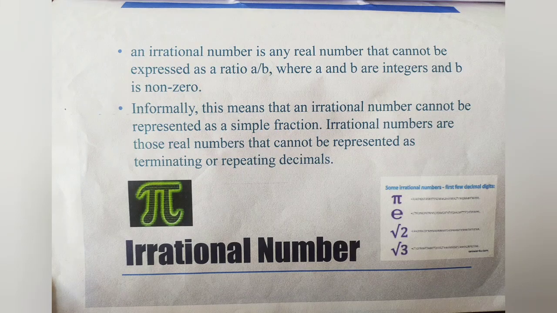After the rational numbers, there are irrational numbers. Irrational numbers are those real numbers that cannot be represented as a terminating or repeating decimal. As you see, pi is an irrational number; e, under root 2, under root 3 are all irrational numbers. After the irrational numbers, there is the real number system.